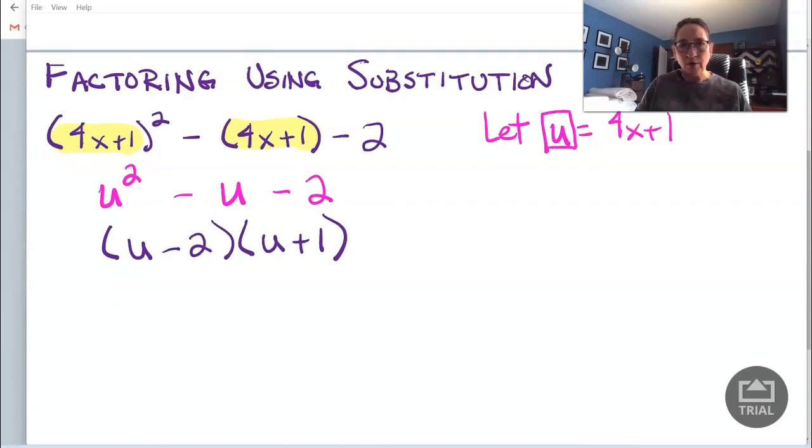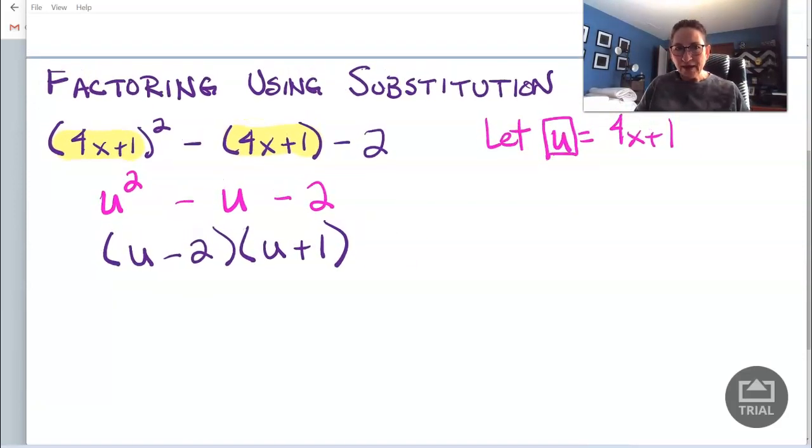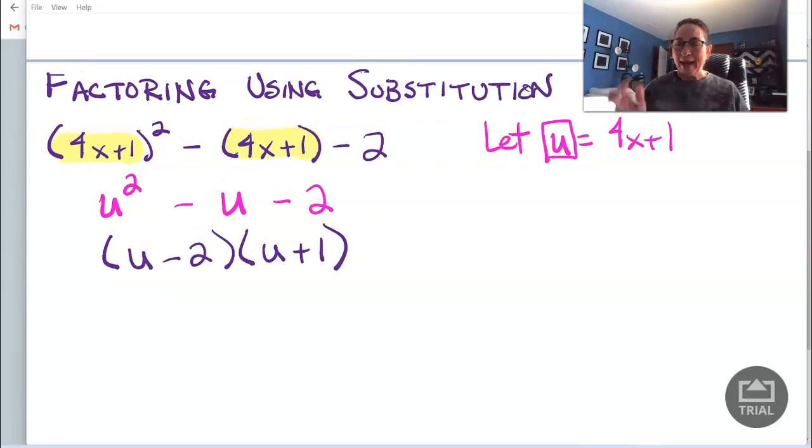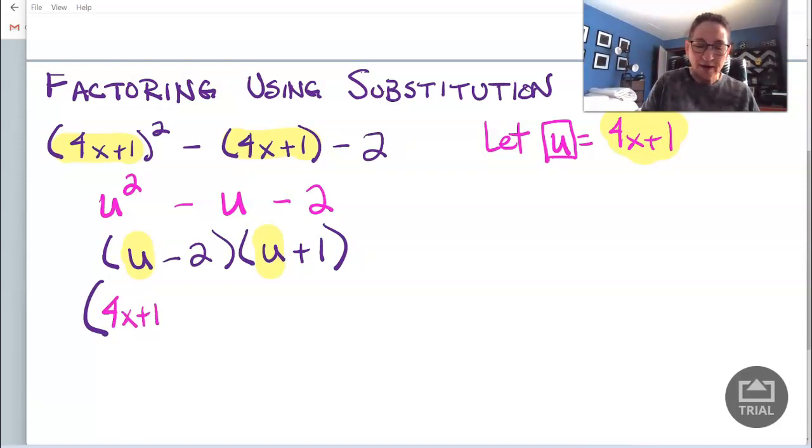So now what I'm going to do is factor back in this 4x plus 1 everywhere where I have a u. So that is going to be, let me just put it in pink so you can very easily see my substitution, 4x plus 1, that is for that u.